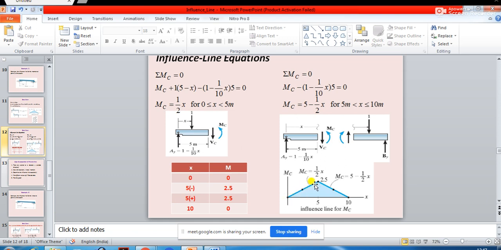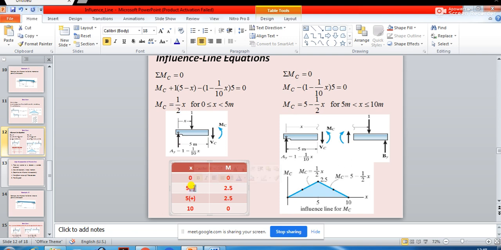So this is actually your MC equal to half of x. At x equal to 0, what will be the value? If you put x equal to 0, it is 0. At x equal to 5, observe here, I have written 5 minus. What does it mean?